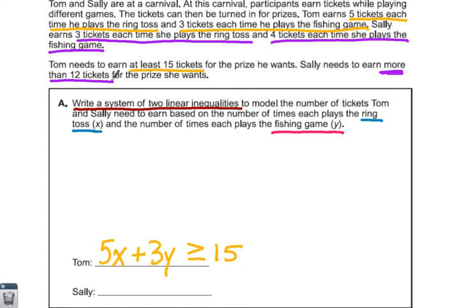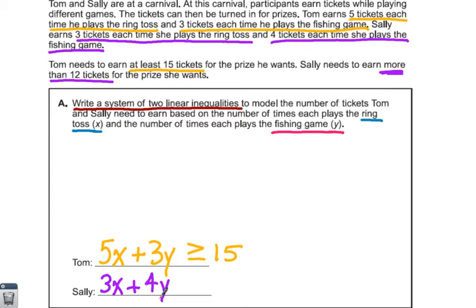So using the same reasoning for Sally's inequality, we would do 3 times x plus 4 times y, because again, for Sally, x and y mean the same thing. x is the number of times she plays ring toss, and y is the number of times she plays the fishing game. So you would do 3 times x and 4 times y and add those together. And hers, because that's the total number of tickets again, needs to be more than 12.